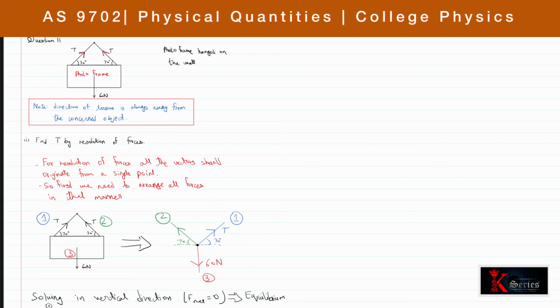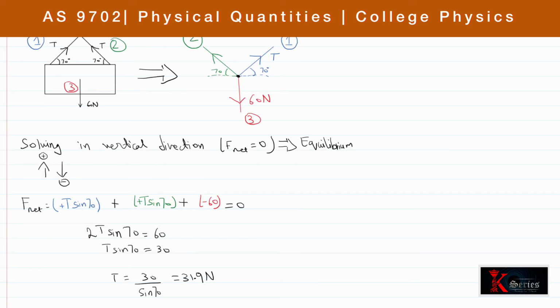Since we already know that it's a photo frame that's hung, we know that it is at equilibrium, and at equilibrium we already studied that the condition was that the net force is equal to 0, right? First of all, we give them signs. In the upward direction the sign is positive, and in the downward direction it would be negative.